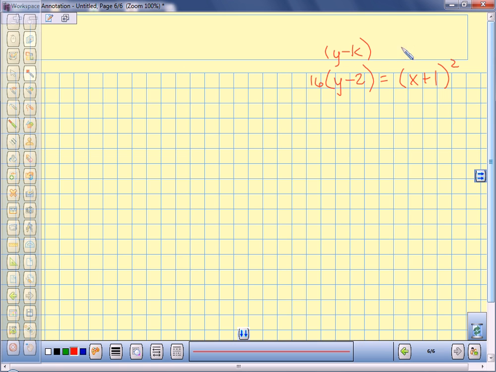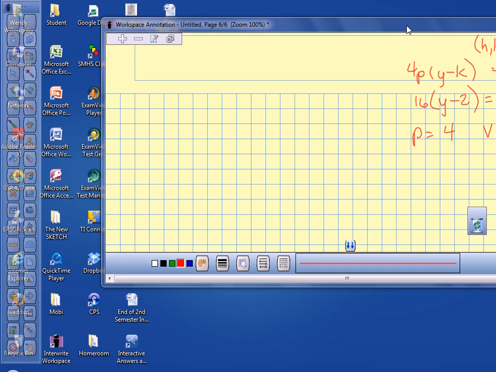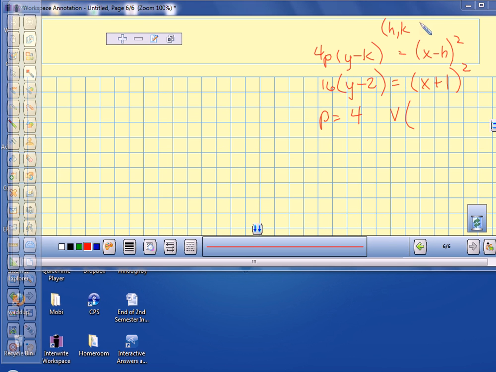So we can see our p is, well, what can I multiply times 4 to get 16? 4. And our vertex is always h, k. That's always our vertex. So if we look at this, we're going to go opposite, opposite this time. So it's -1, +2. So that's just one other form we might see.